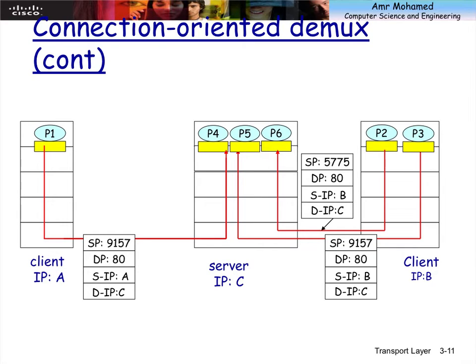So as we can see here, the destination port is 80, and here is 80, right? But this means that port 80 is used for what? For web HTTP, right?